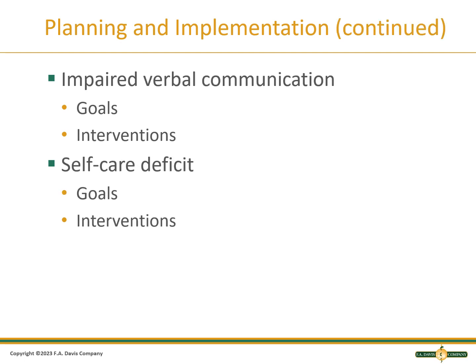So for people with impaired verbal communication, make sure that the patient is able to let us know what they need and we can fulfill what they need. We want to keep the interventions calm and reassuring, using nonverbal gestures and maintaining consistency.